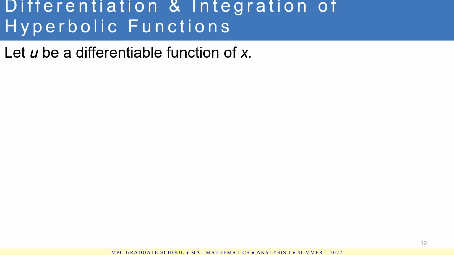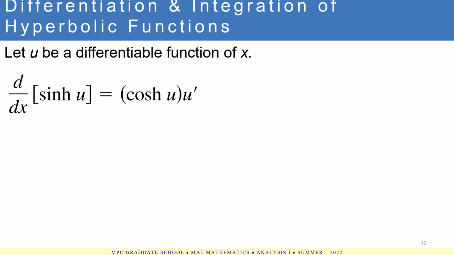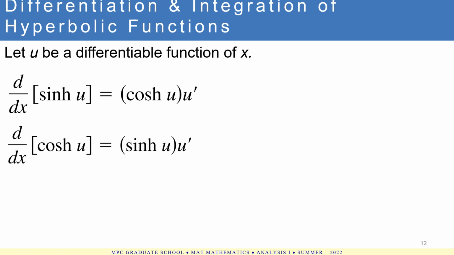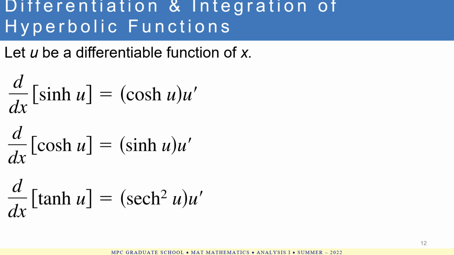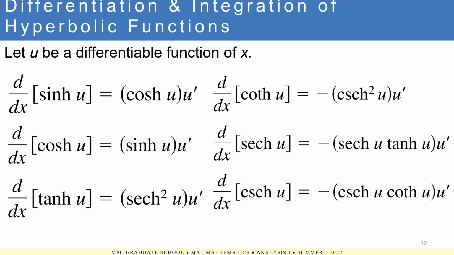For example, the derivative of hyperbolic sine of u is the hyperbolic cosine of u times u prime. And the derivative of hyperbolic cosine of u is the hyperbolic sine of u times u prime. The third one will look familiar also. The derivative of hyperbolic tangent is nothing more than the hyperbolic secant squared times u prime. And there are 3 more formulas very similar to the corresponding trigonometric formulas.